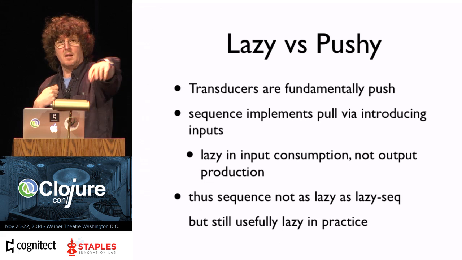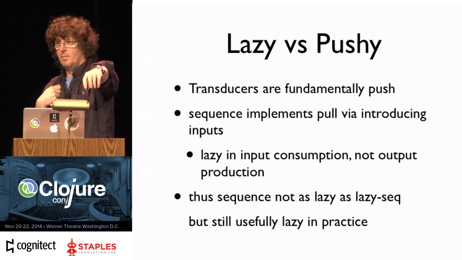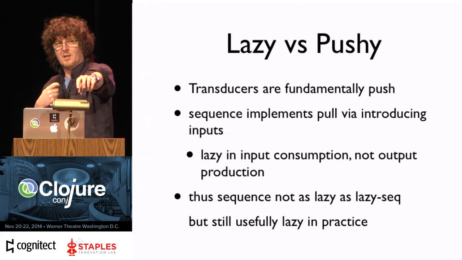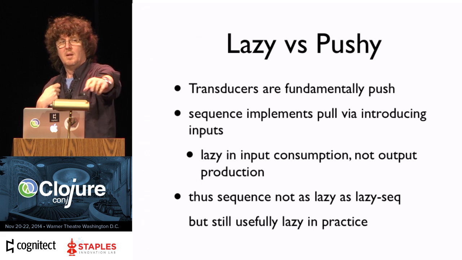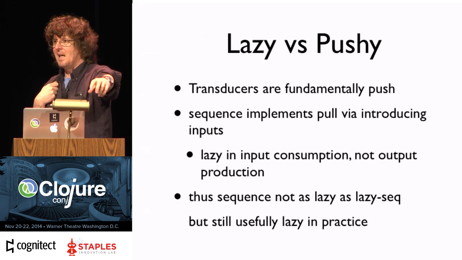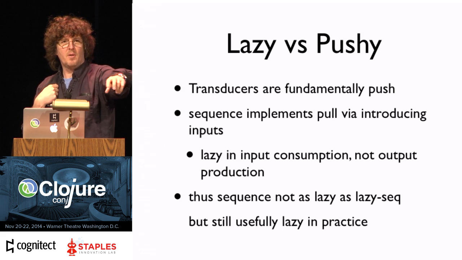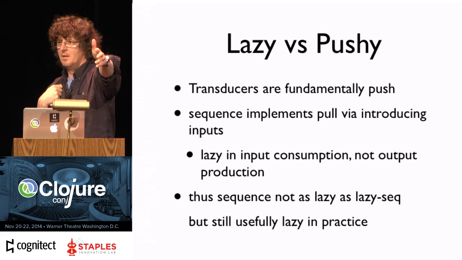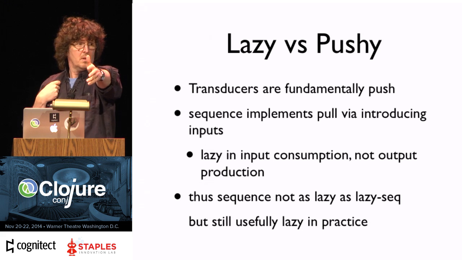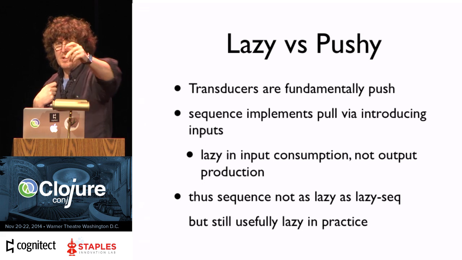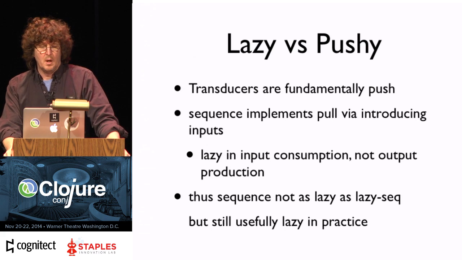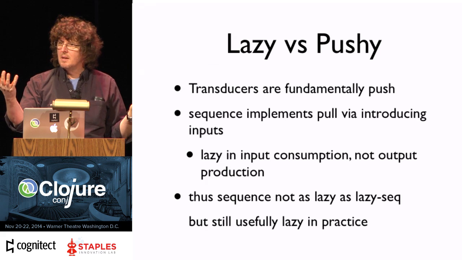But what else could this have done? It could have returned one thing each time I ask. It could return nothing. It could also return what? More than one thing. Where's that going to go? I asked for one thing. You called the step function. It gave you like 6 things. What's going to happen? Yeah, I'm just going to attach them to the linked list, which means that it's not quite this laziness we're used to.